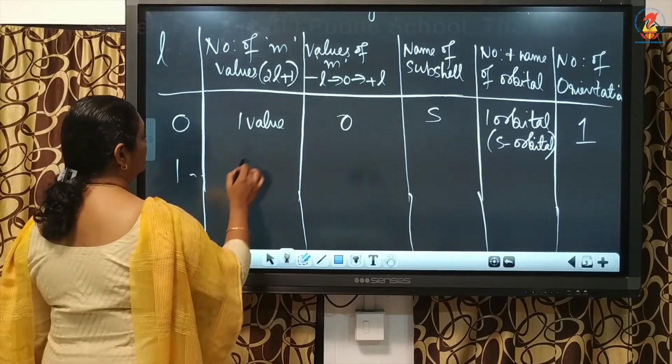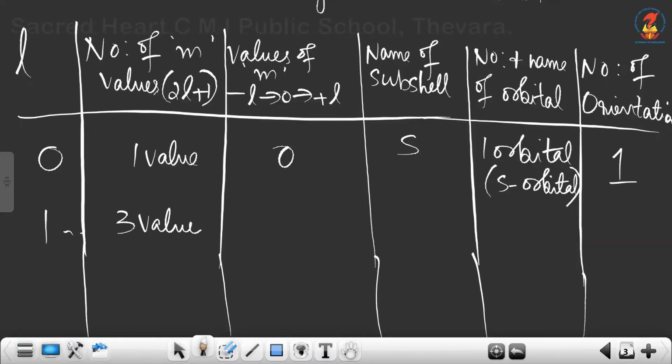Next we have L is equal to 1. How many values of M? 3 values, and those are minus 1, 0, plus 1. The name of the subshell is P, because L is equal to 1 is the P subshell. Now, the number of orbitals is equal to 2l plus 1, so we get 3.